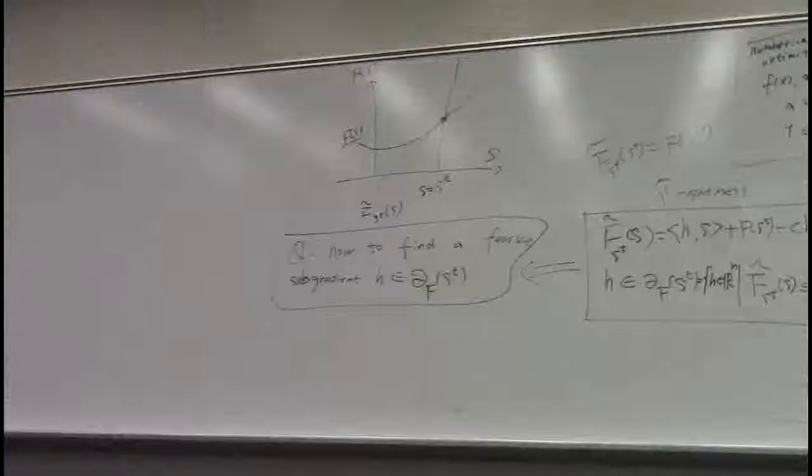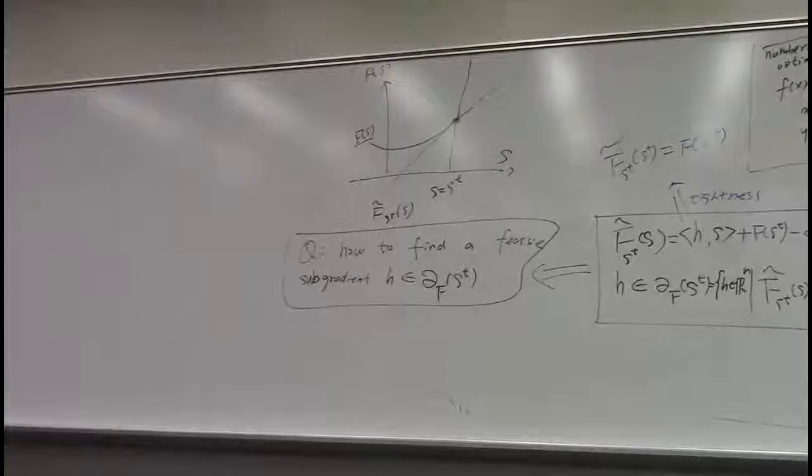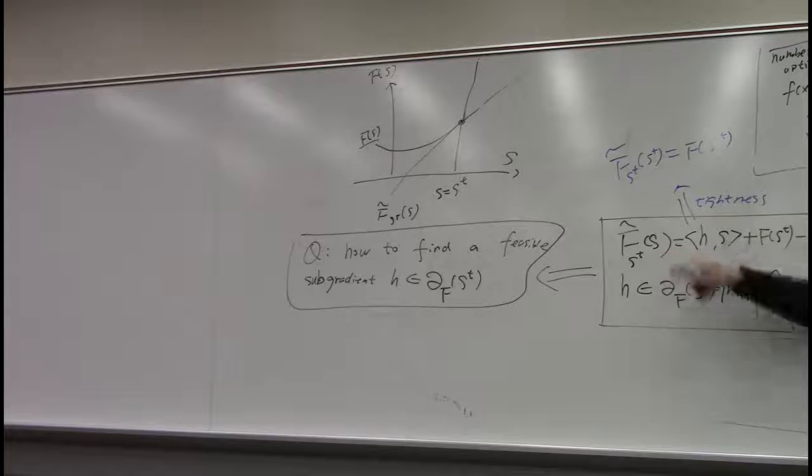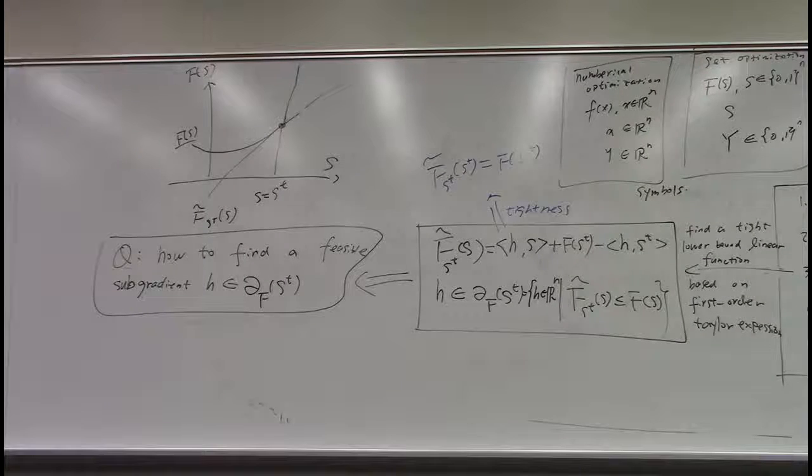So this is what we want to implement, right? And how to finish this function? We know the function has this form, and S_t is given, because it's the solution from the previous iteration, and S is our variable. We just need to figure out what is h. If we know what is h, then we know this function, then we can just maximize this lower bound function. We can finish step 3, right?